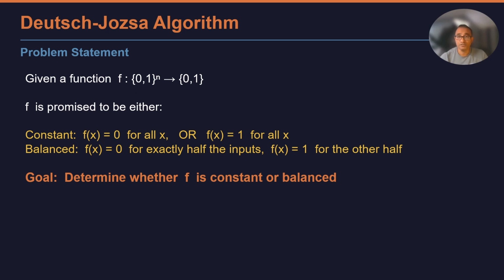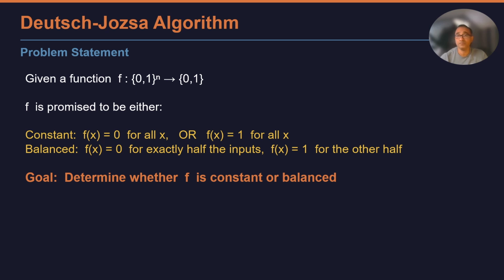This function can now be described in two different ways. This function is constant if you have the same output for every input, which means that either you have an input 0 and the output 0, or you have an input 1 but the output is still 0.